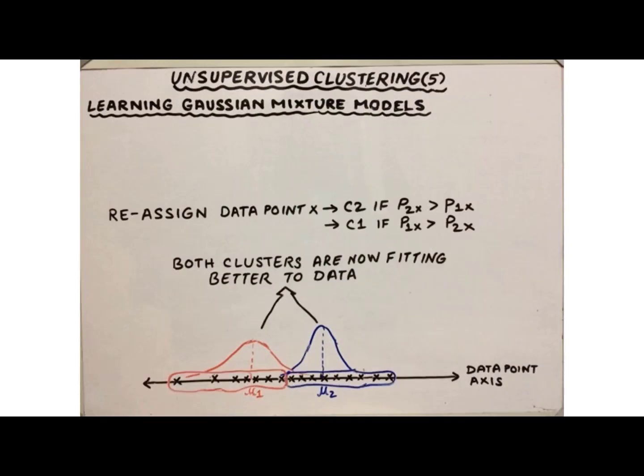Once the clusters have been refitted, we are going to reassign data points to the clusters as before, based upon the same criterion. So in a sense, this is a two-step process: reassign the data points, refit the clusters, then reassign and then refit. In this case, when we reassign the data points, we have a blue cluster here and a red cluster.